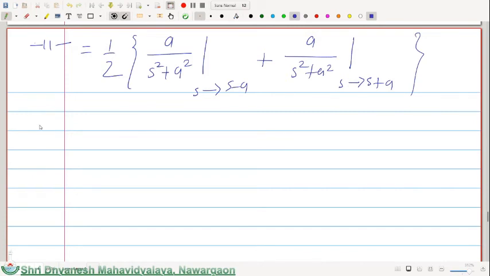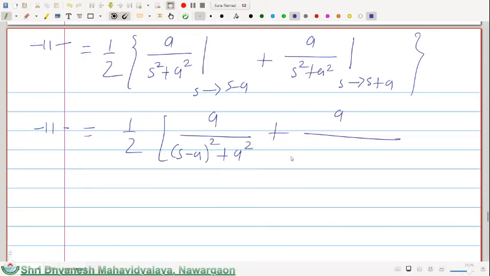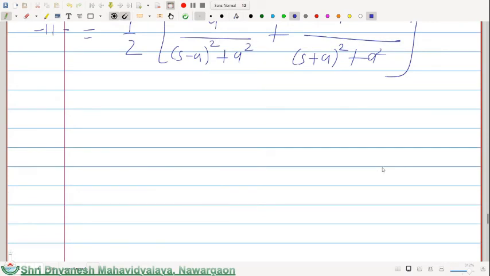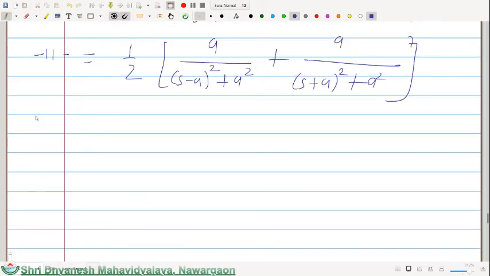Moving to the next step, this is 1 by 2. This will be a upon s minus a whole square plus a square, plus a upon s plus a whole square plus a square. Simplifying this, it is a by 2.